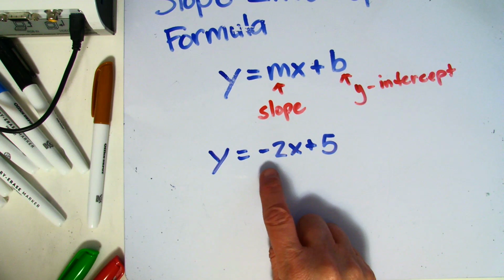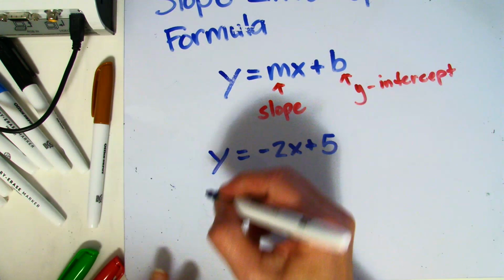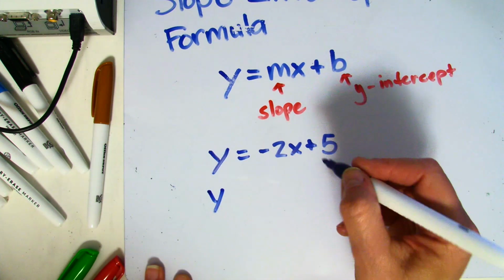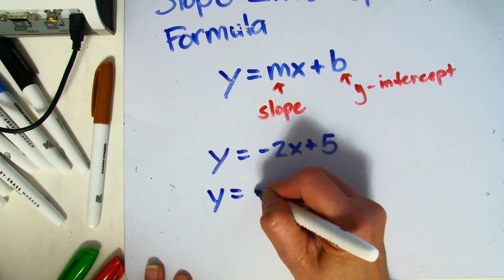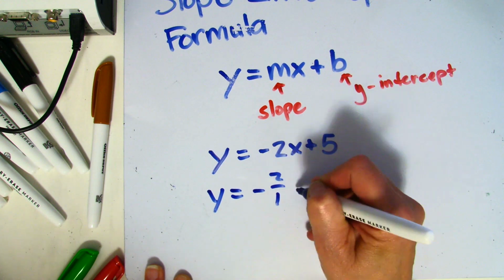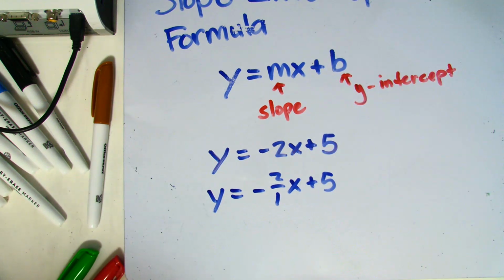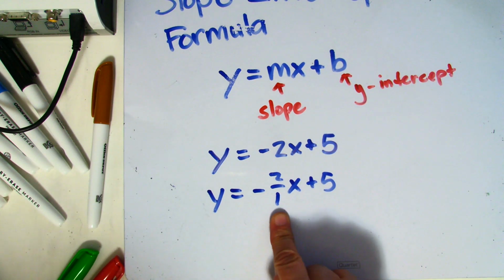So what we want to do is convert this to a rational number, meaning putting it in a fraction form. So instead of y equals -2x plus 5, let's write it as y equals -2 over 1 x plus 5. That's going to help us when we figure out the slope of the line.